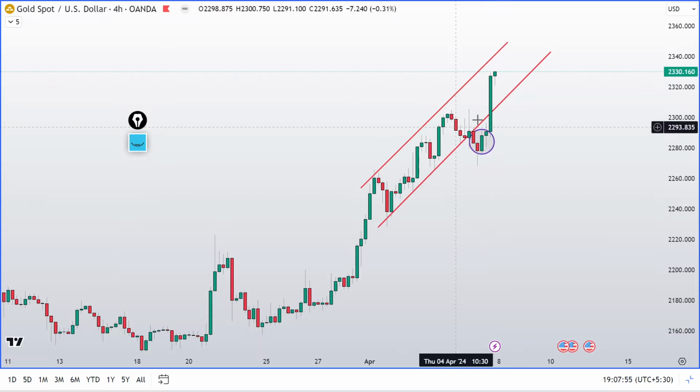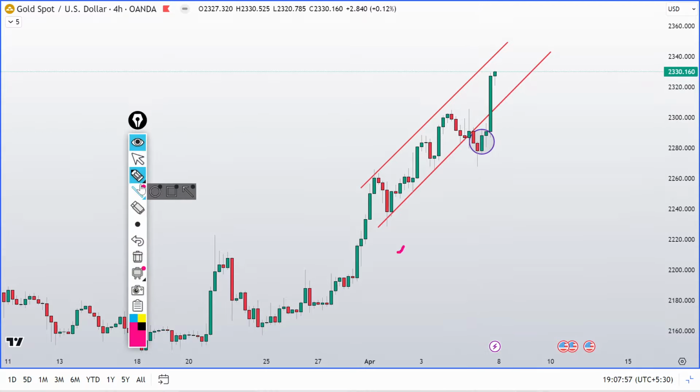On the 4-hour time frame, this was the support trend line in the previous week, and we were expecting some correction and decline. But after the breakdown from this trend line, gold returned back, and you can see it is currently trading inside this parallel ascending channel.